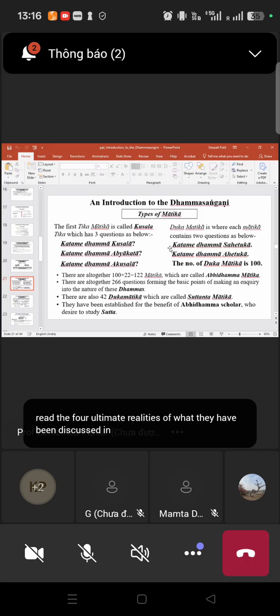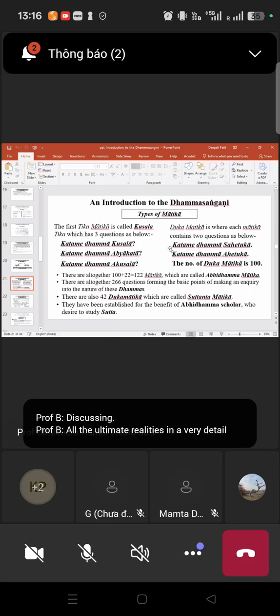So this is the difference: a manual is only for going through the niceties of the Abhidhamma, that is the Chitta, Rupa, Nibbana, in a very brief manner. And the Dhammasaṅgaṇi, Vibhanga, Dhatu Katha are discussing all the ultimate realities in a very detailed manner.